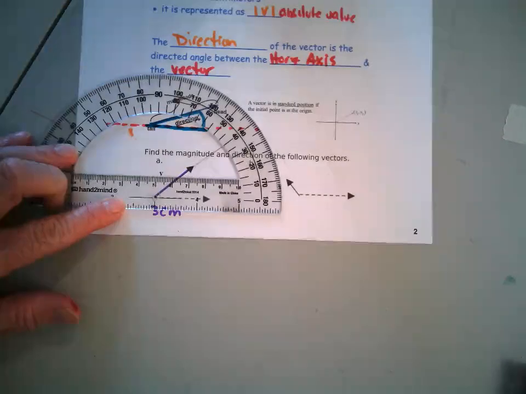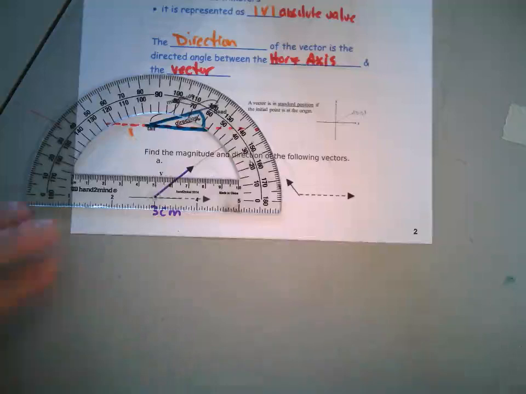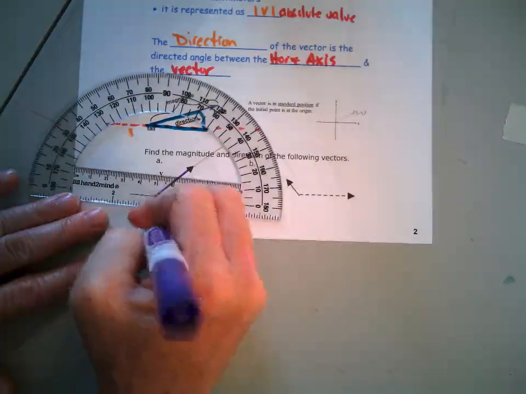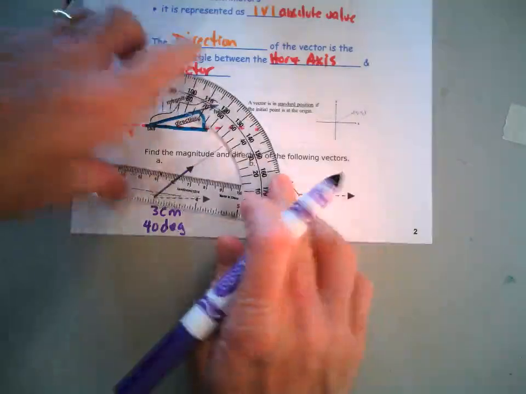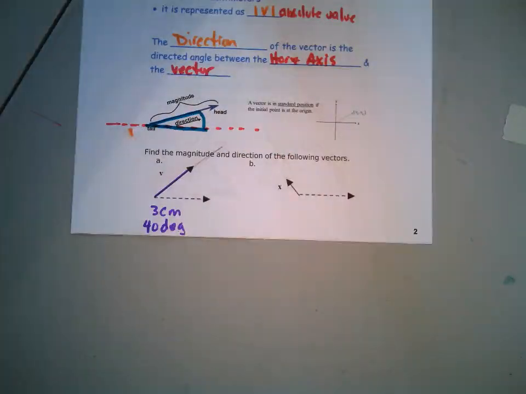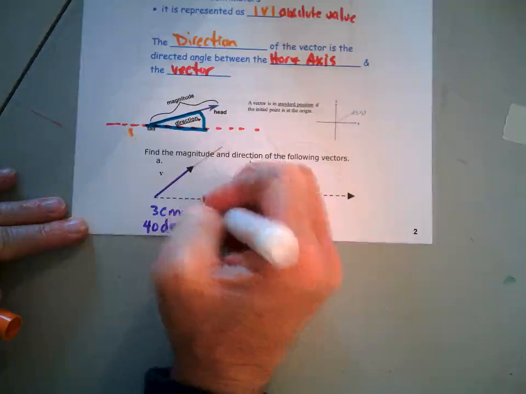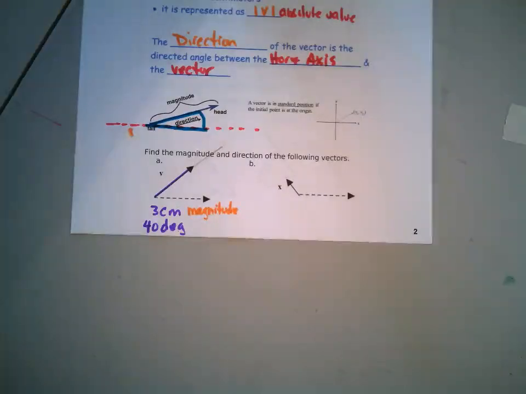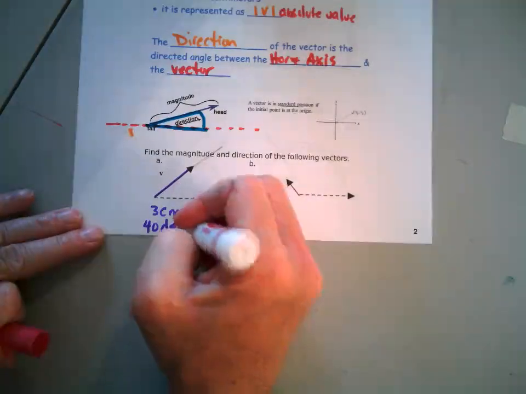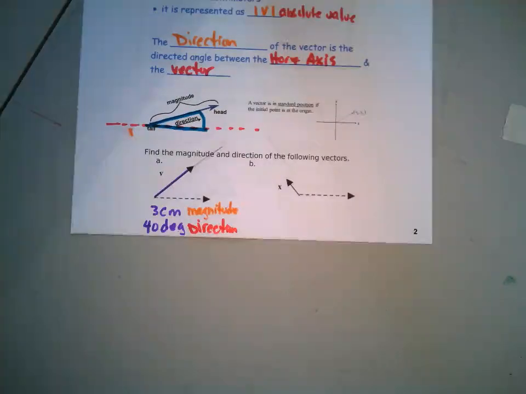And so what you might be able to see there is that this vector is heading out at 40 degrees. So we would say that this vector, its magnitude is 3 centimeters, and its direction is 40 degrees.